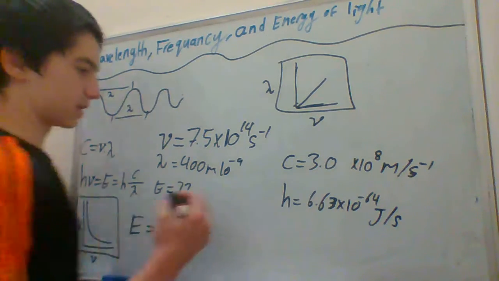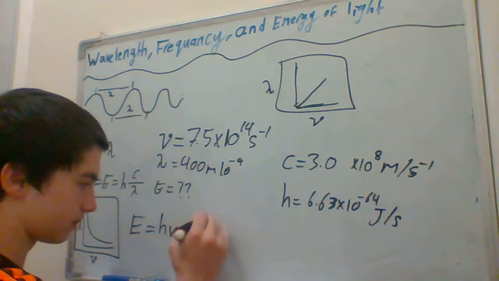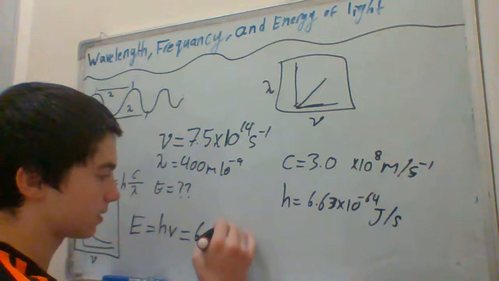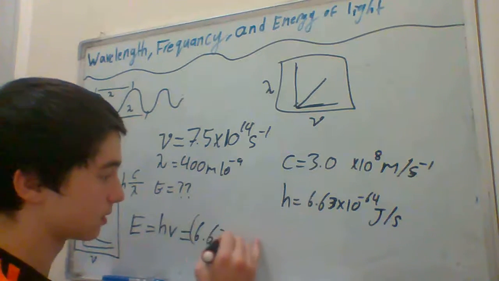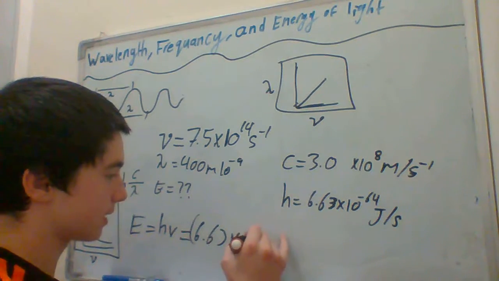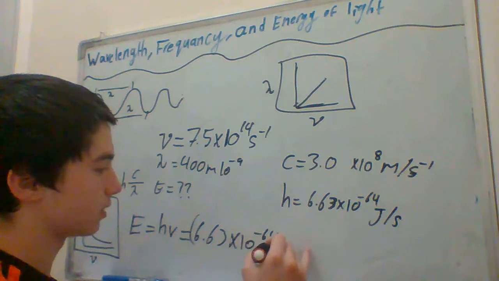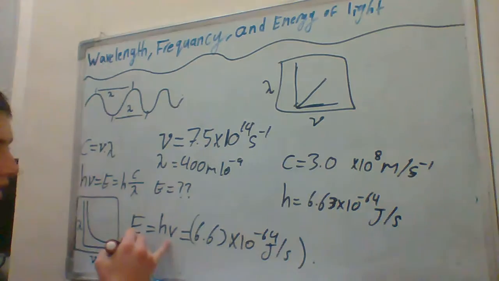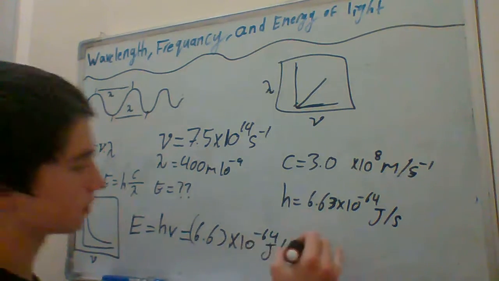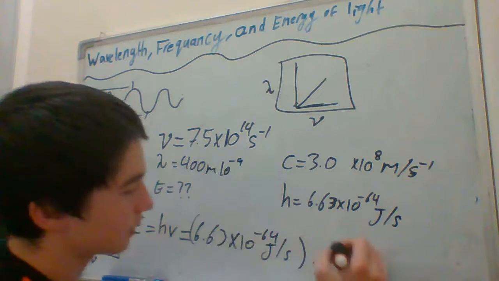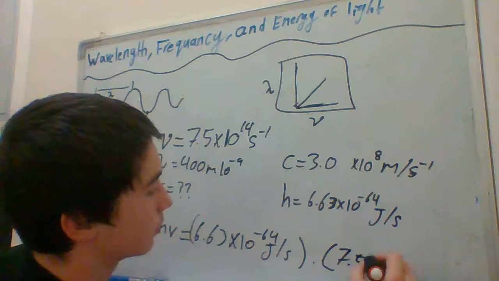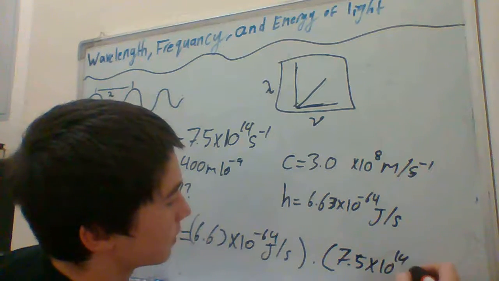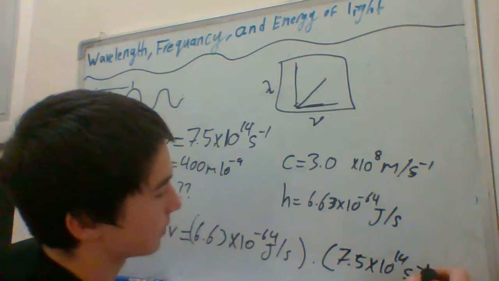You're right, Planck's constant, which is given: 6.63, put it in parentheses, multiplied by 10 power negative 34 joules per second. And then we're going to multiply that by the number of frequency. So what is the number of frequency? You're right, 7.5 multiplied by 10 power 14 per second.